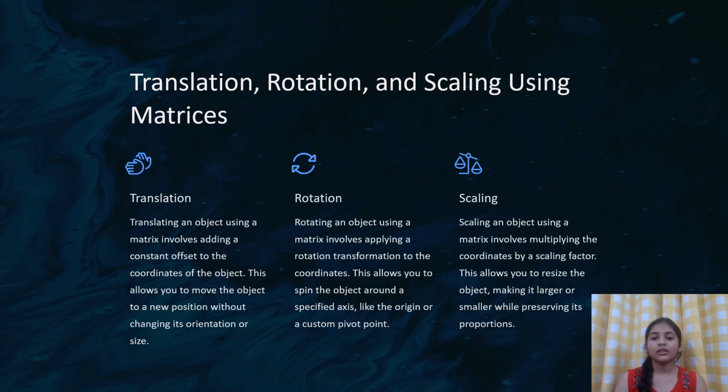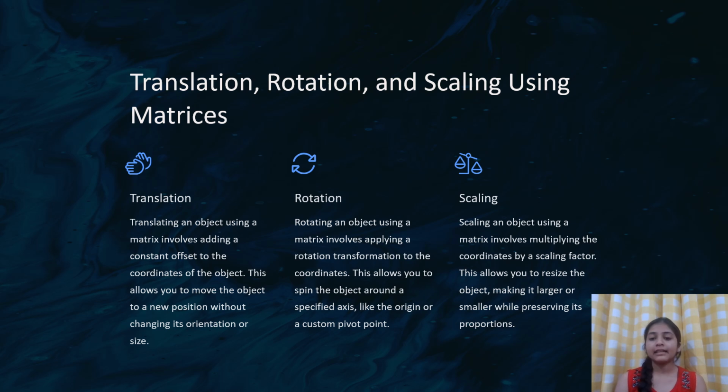Rotation. Rotating an object using a matrix involves applying a rotation transformation to the coordinates. This allows you to spin the object around a specified axis, like the origin or a custom pivot point.